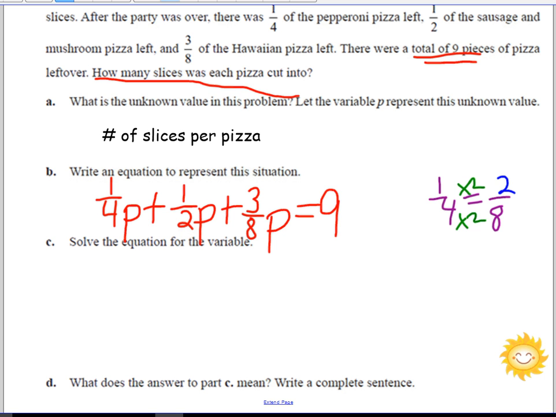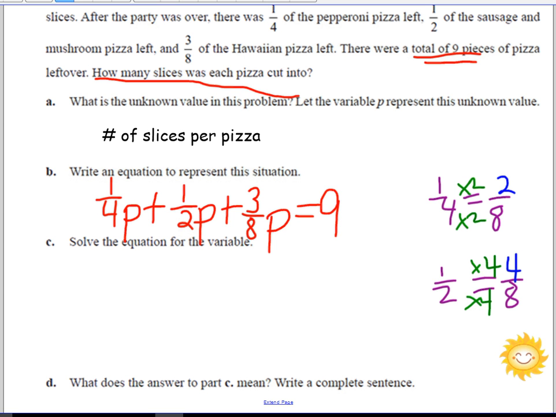We can do the same thing with the 1/2. We have 1/2. We need it to go into 8ths. So in order to turn 2 into 8, we're multiplying by 4. And so 1 times 4 would give me 4/8. And then the 3/8 is already in 8ths, so I'm just going to show that. And again, on the calculator, you could just do 1/4 plus 1/2 plus 3/8, and it would give you the total there.